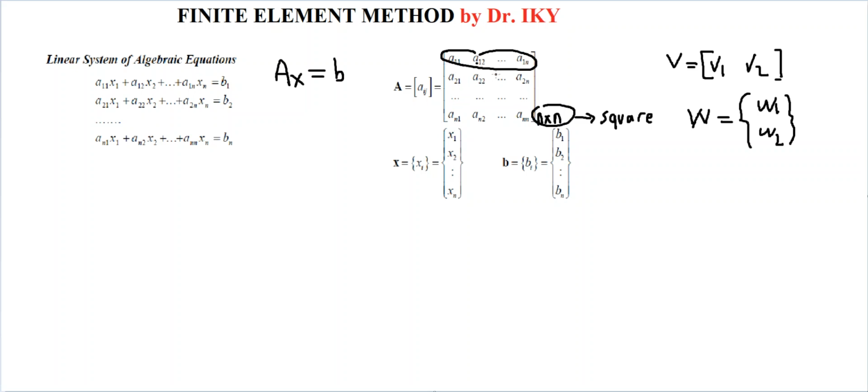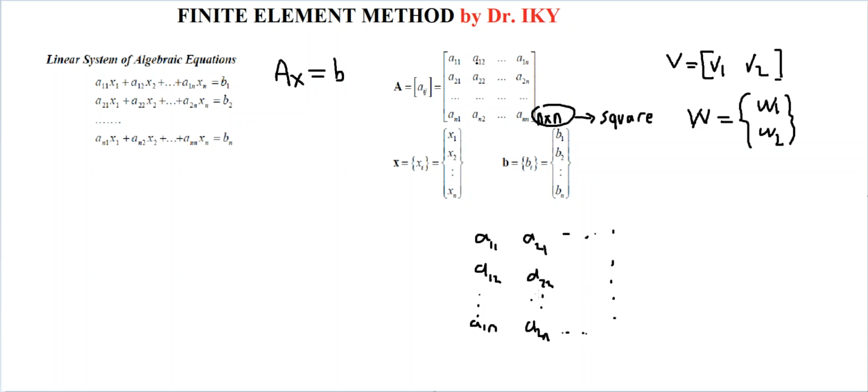So it will be A11, A12, A1n. And for the second one, A21, A22, going to A2n. So this is the transpose of the matrix A.